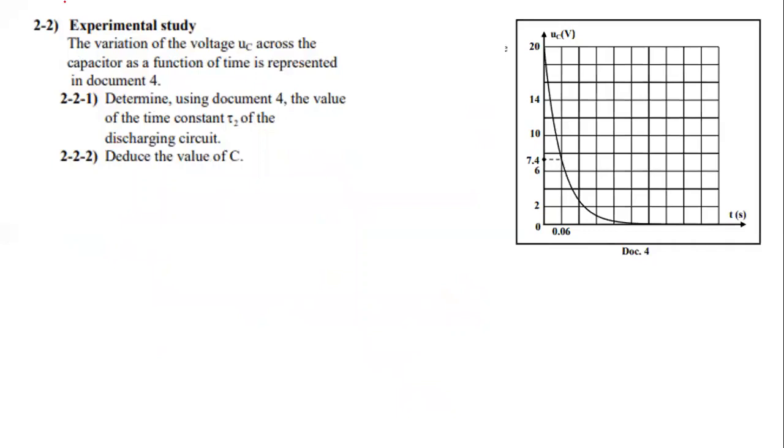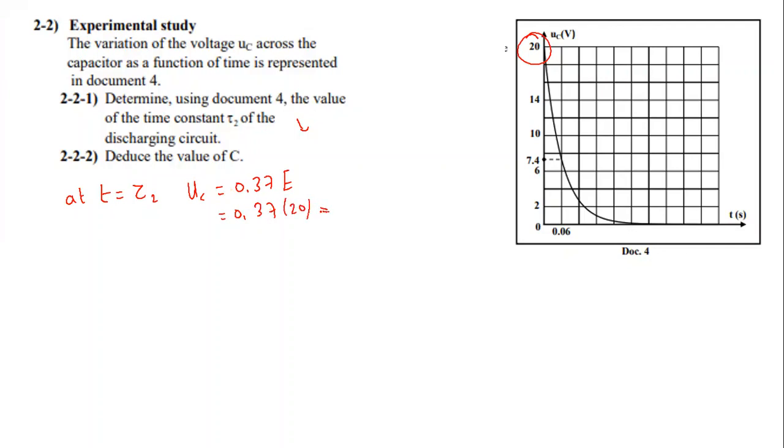The variation of the voltage UC across the capacitor as a function of time is represented in the figure. Determine, using the document 4, the value of the time constant tau2 of the discharging circuit. So in the case of discharging, we'll say that at t equals tau, we have UC equals 0.37 of E, and E is equal to 20.